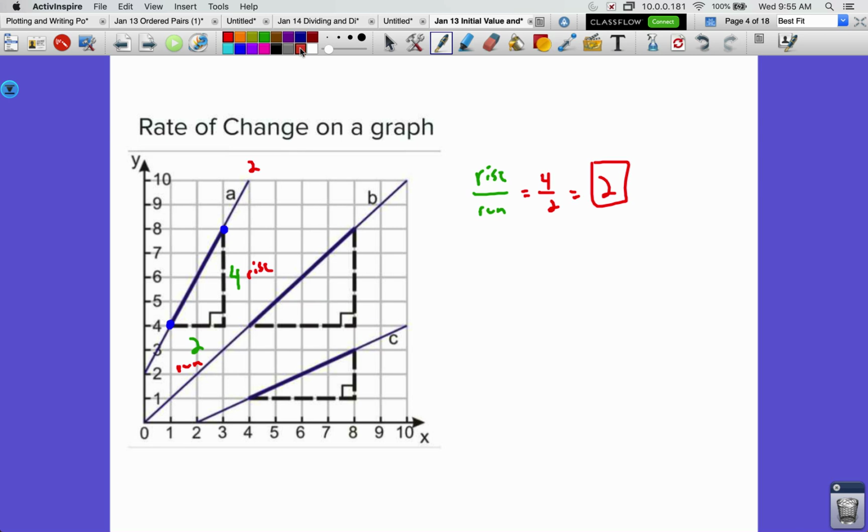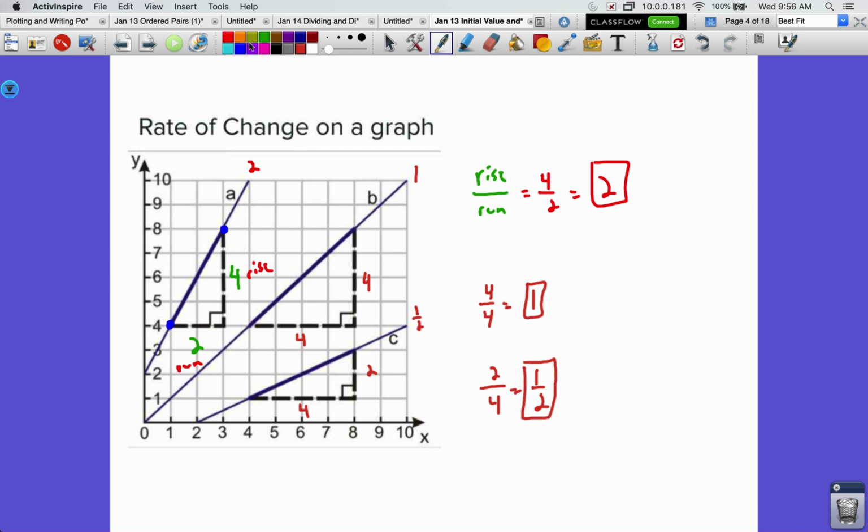All right, for our next line, I'm going to run 4, then rise 1, 2, 3, 4. 4 over 4 can be simplified to be a 1. Put a little 1 there. And then for this one, I run 4 and rise 2. 2 over 4 equals 1/2. So the slope here is 1/2.